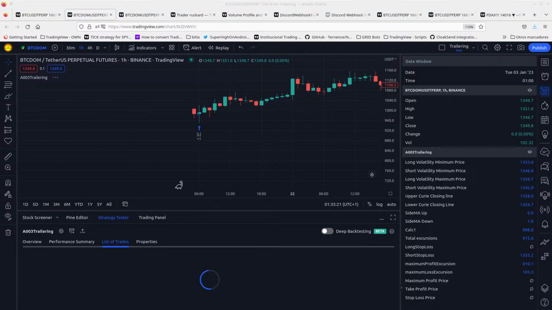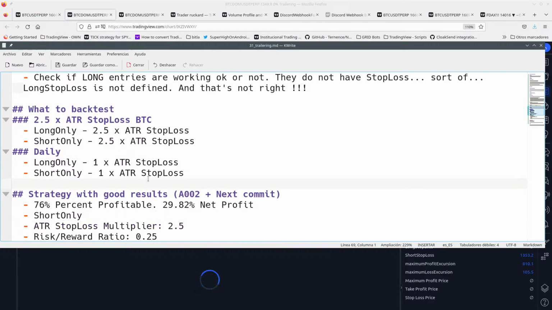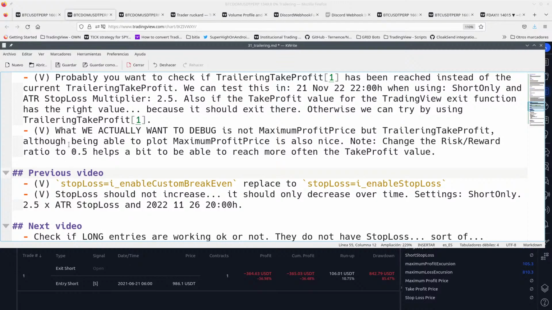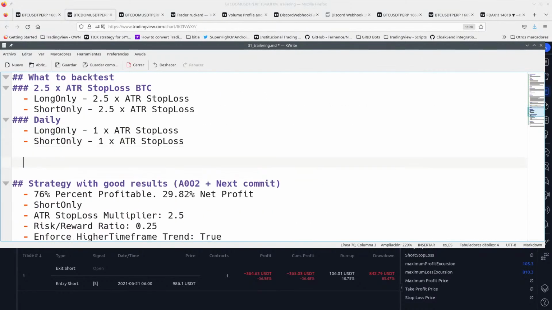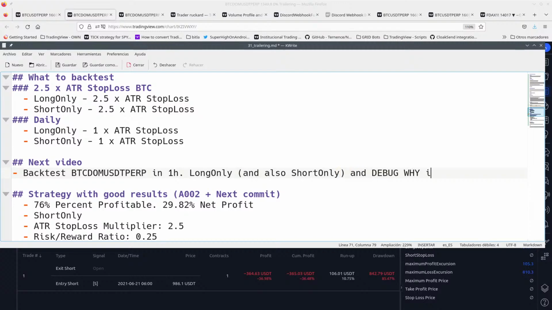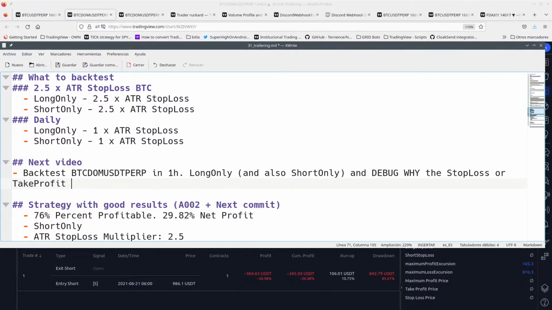So yeah, let's write here, previous video, next video, which is going to be backtest BTC USDT perp in 1 hour, long only and also short only, and debug why the stop loss or take profit is not reached at all, and there is only one trade.